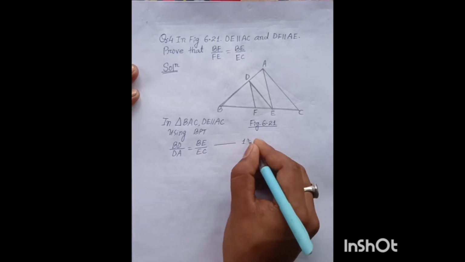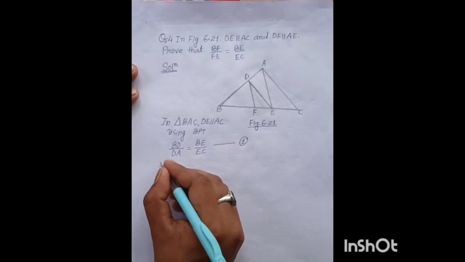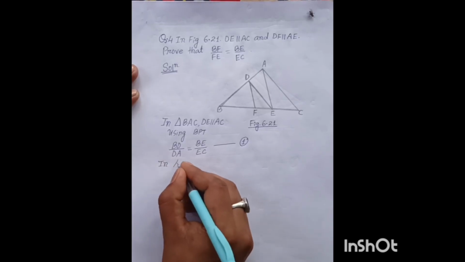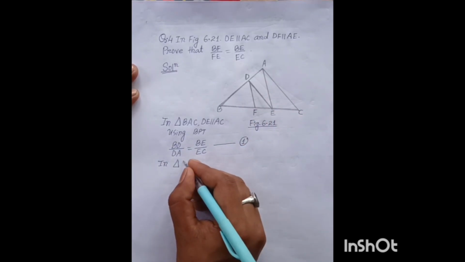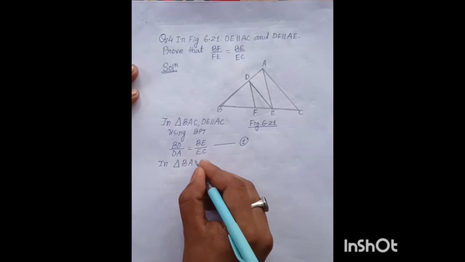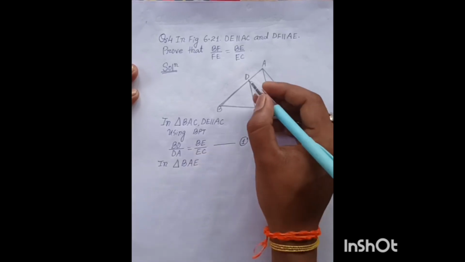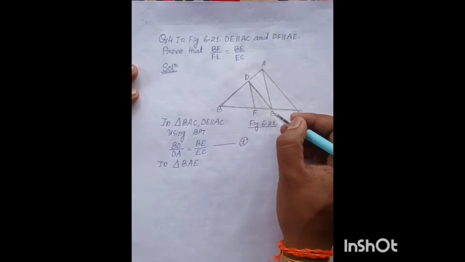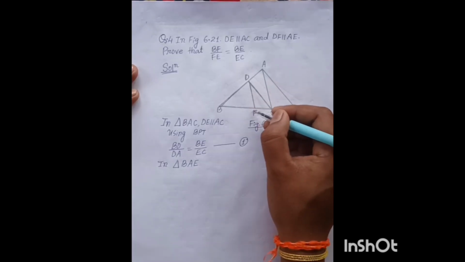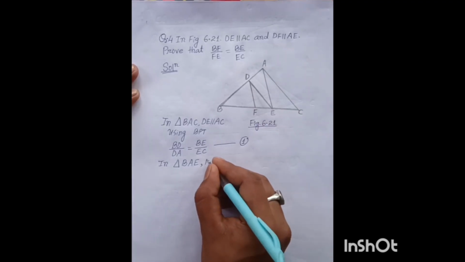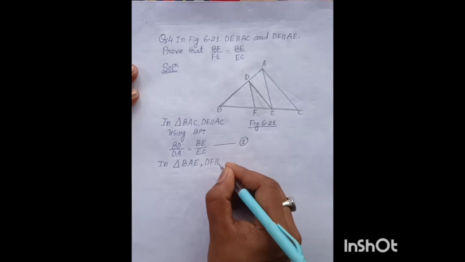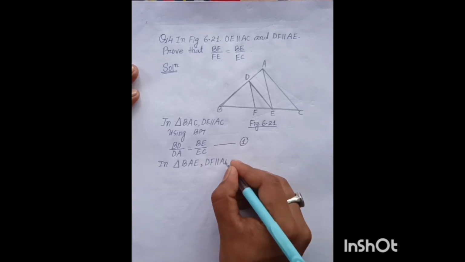Give equation number 1. Now next triangle is BAE. Now in this BAE, DF parallel AE, this is given in our question. So right here, DF parallel AE.